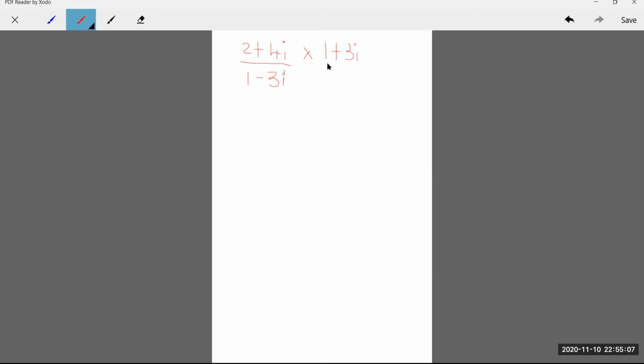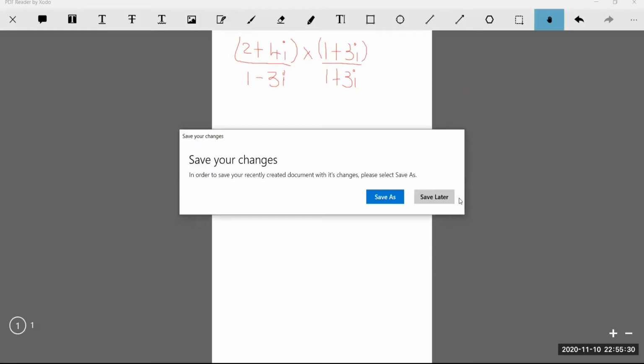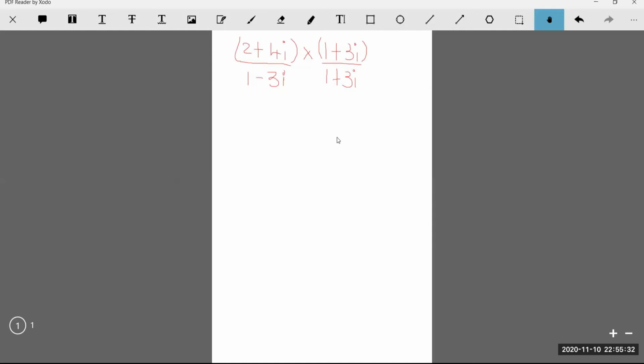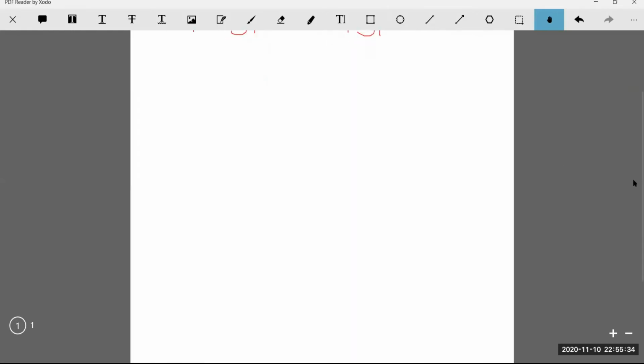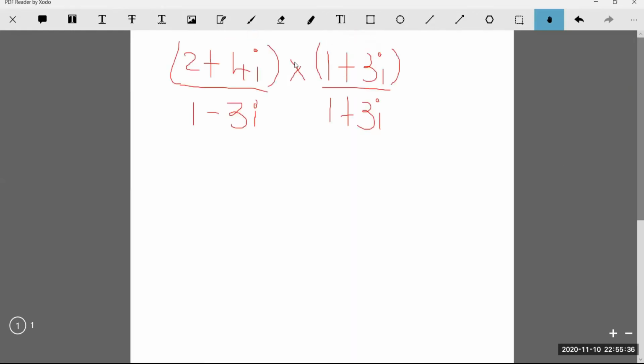In the numerator, we expand as we normally would with regular algebraic terms. So we have 2 plus 4i being multiplied by 1 plus 3i: 2 times 1 plus 3i, plus 4i times 1 plus 3i.